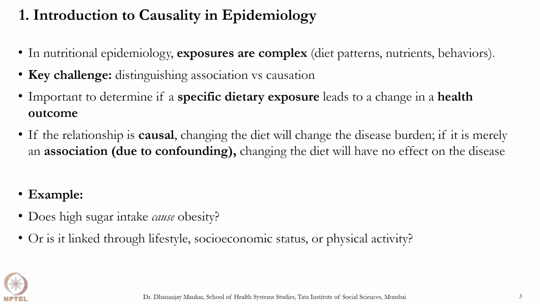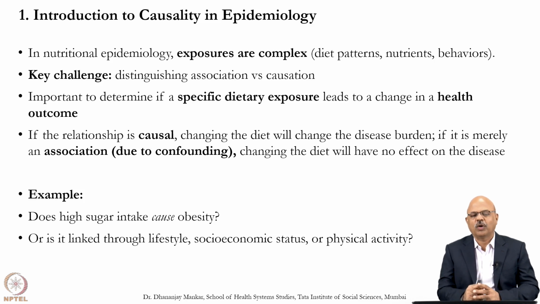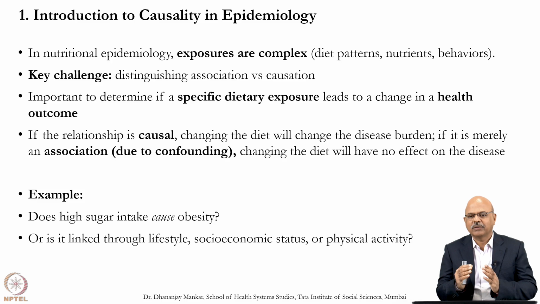So, what is causality in epidemiology? Let me make it clear that in nutritional epidemiology, exposures are complex. The exposures might be diet patterns, nutrients, behaviors and so on. And there comes a key challenge: association versus causation.